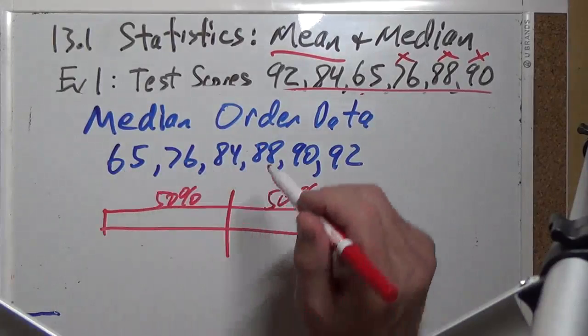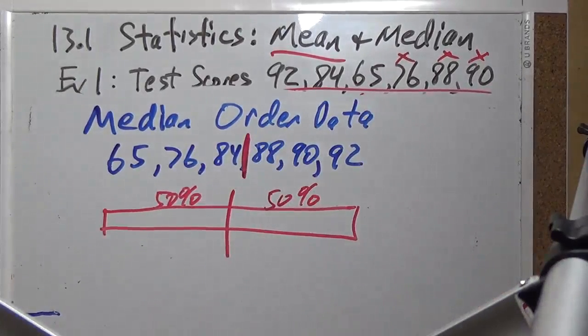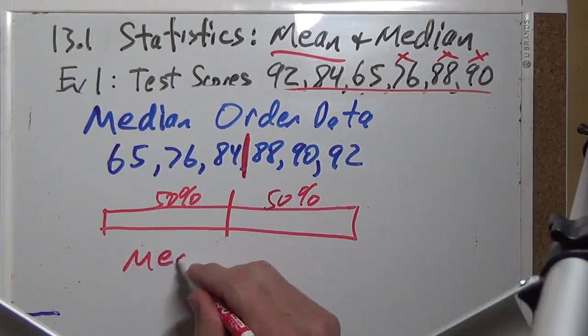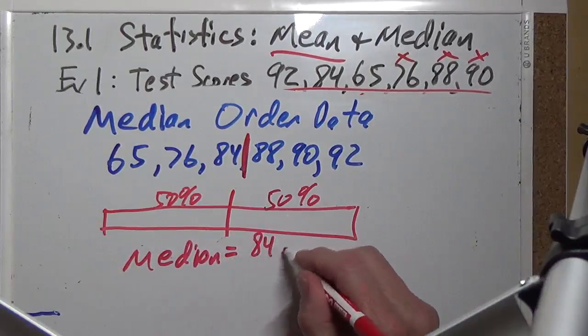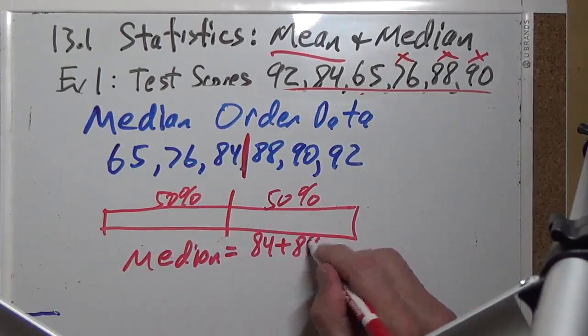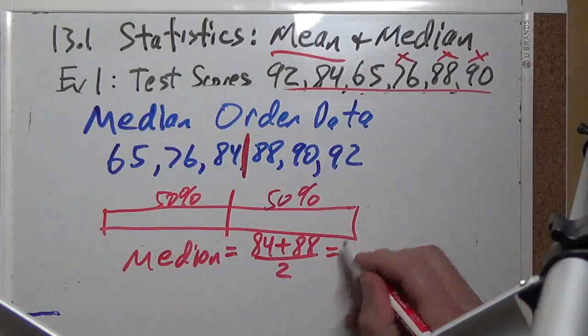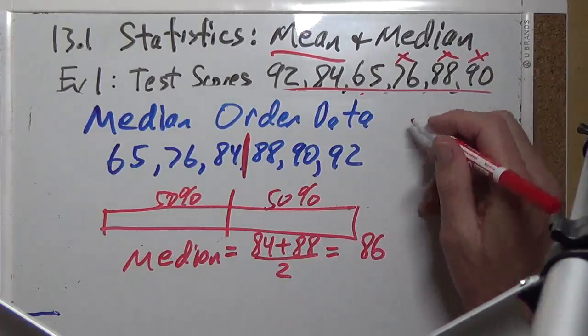So if we have these 6 scores, my median is right in between 84 and 88. You can probably see it's 86 without doing the math. If you add 2 things, divide by 2, you get the number right in between. So my median is 86.